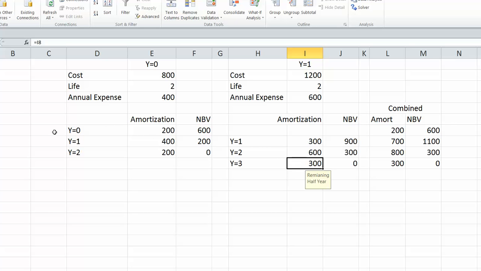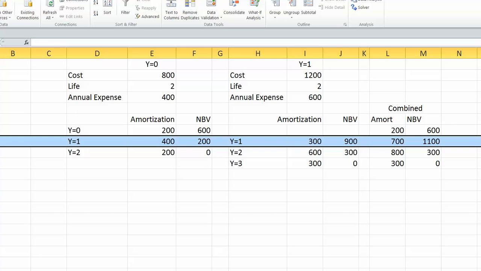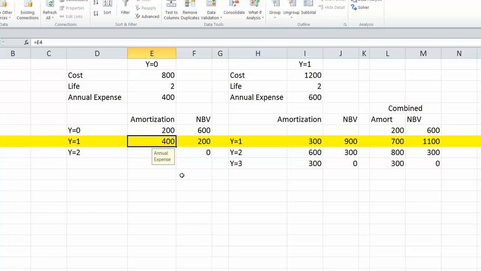So let's go ahead now, and again, we're focusing on the current year, year 1. This year's amortization expense then will be the $400 from the year 0 or time 0 expenditures, and $300 for this year's amortization expense on this year's advertising.